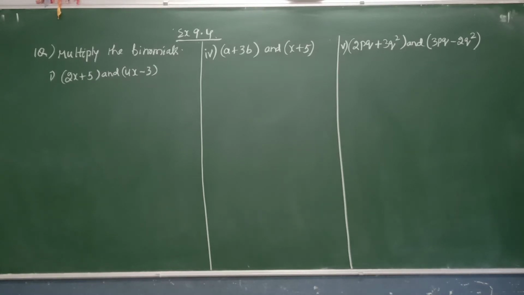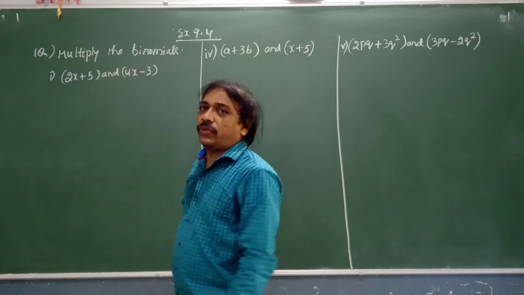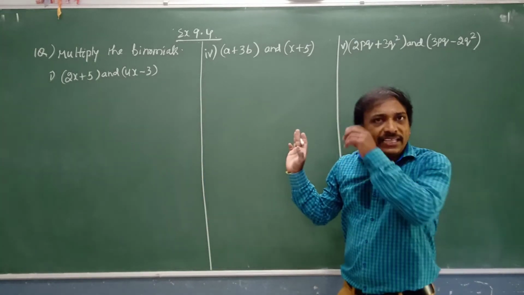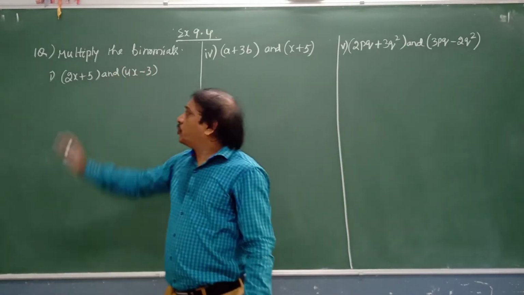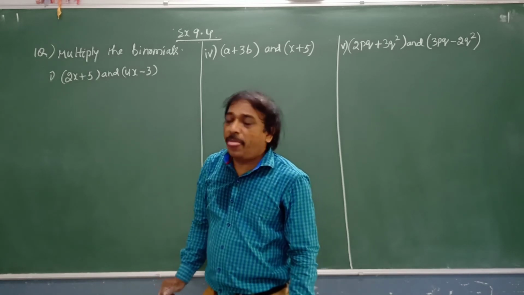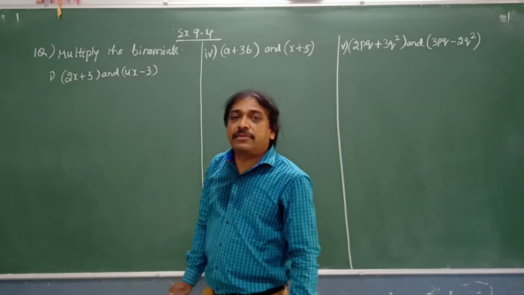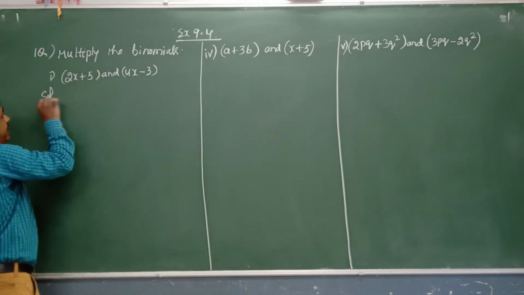Now from exercise 9.4, you see question number 1, multiply the binomials. In that first question, 2x plus 5 and 4x minus 3. Observe it. Binomial to binomial.